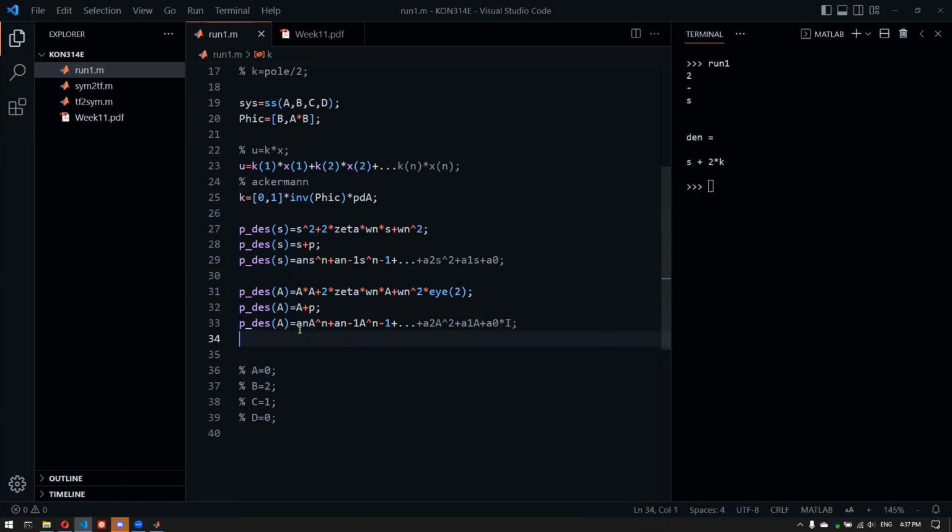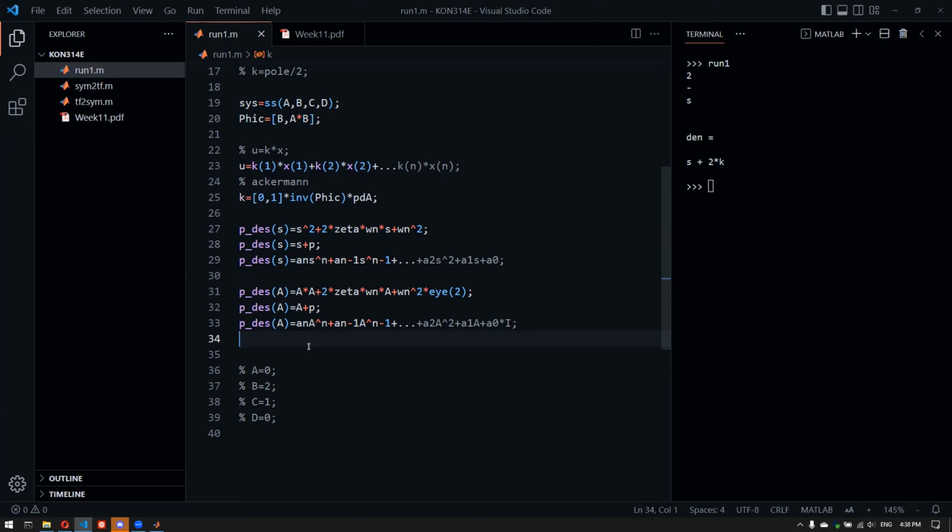When we substitute A into the desired polynomial, what we are left with is basically the gap between our polynomial and the desired polynomial, and the formula uses that. It has some theory behind it, and we're not going to cover that here because it's too long and too mathematical. If you're interested, you can look up the Ackerman formula and the Cayley-Hamilton theorem, and in conjunction with these two, you would get your answer.